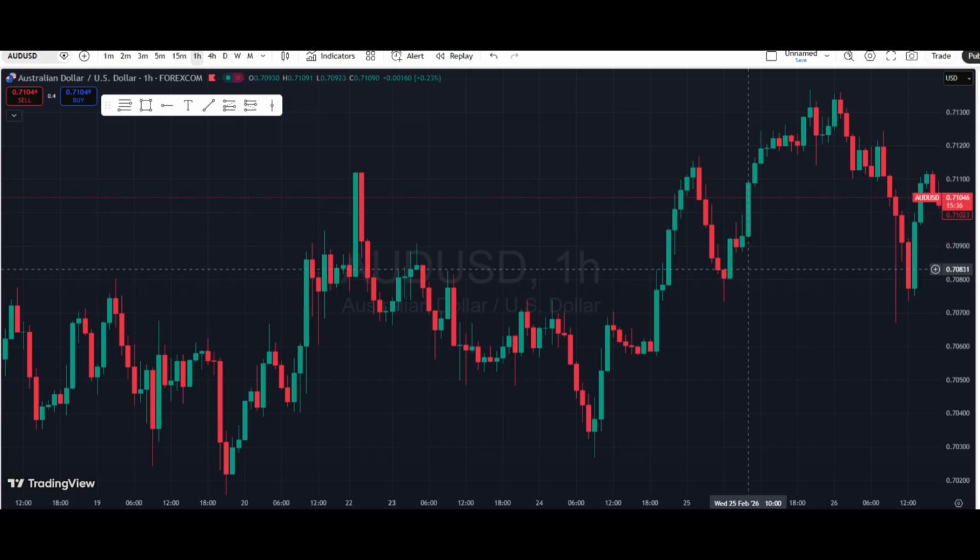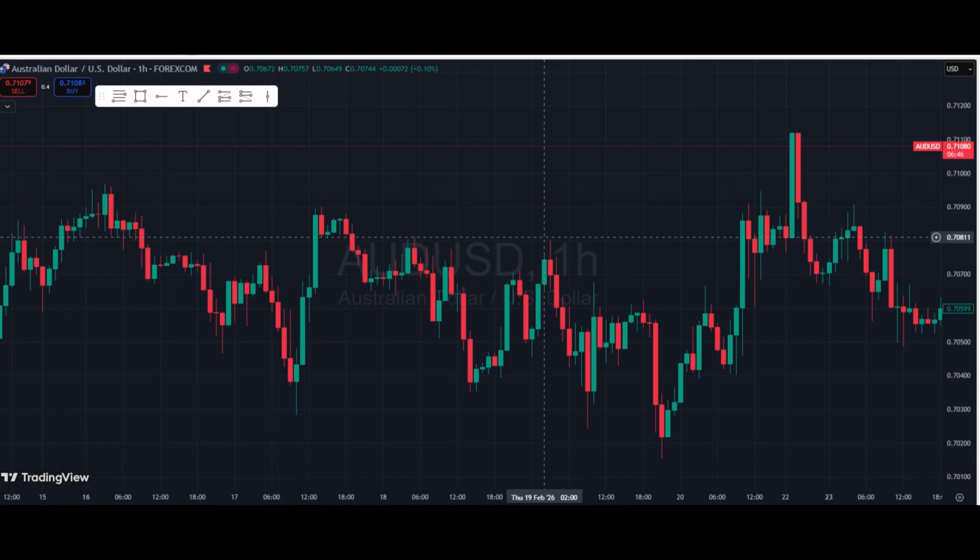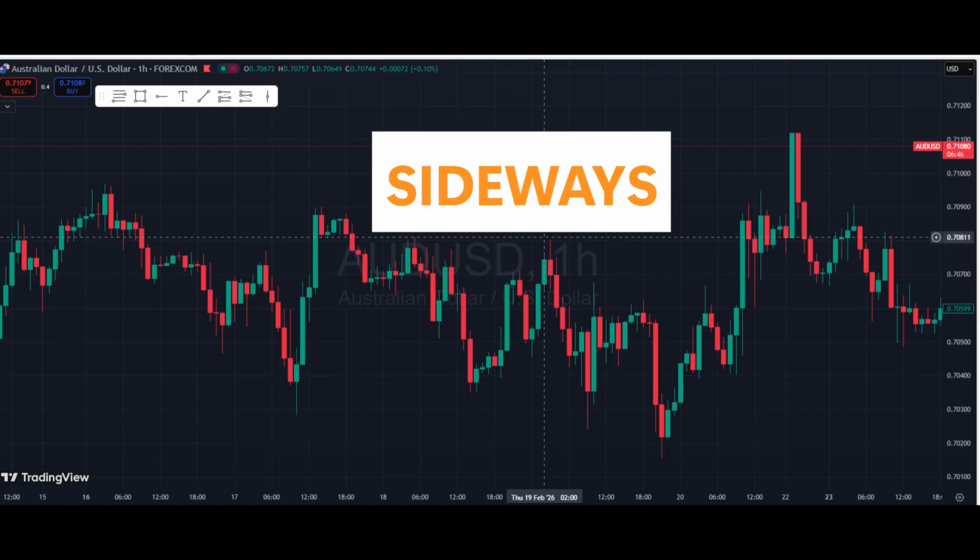Price only does three things. It makes higher highs, makes lower lows, and moves sideways. That's just it. Price is moving in an uptrend, a downtrend, or sideways. That's just what price does in the market.